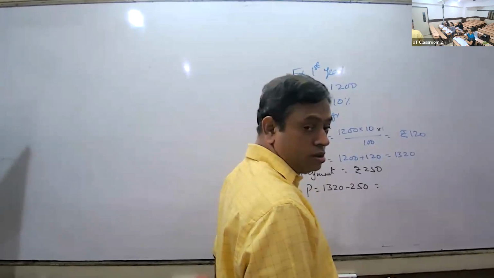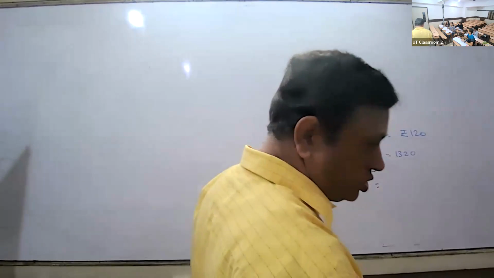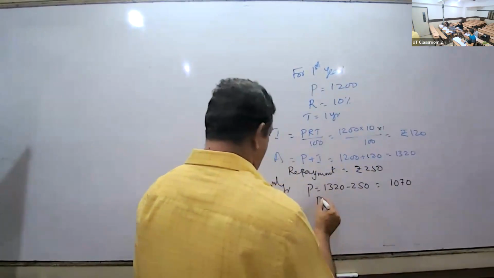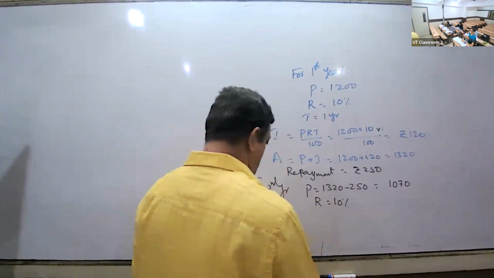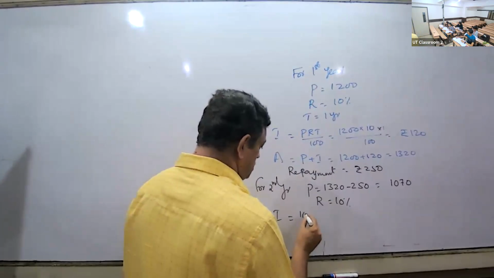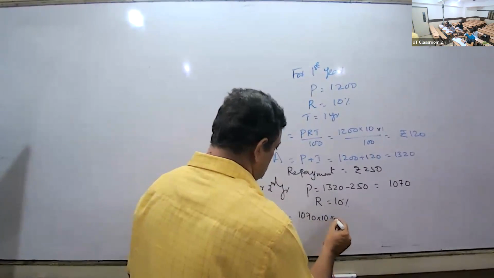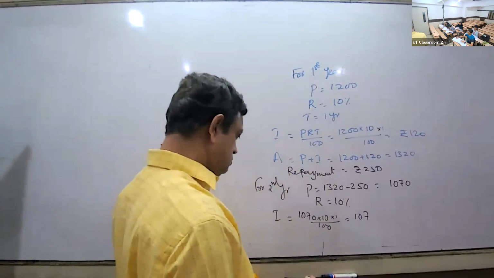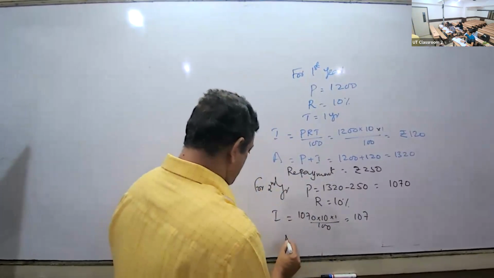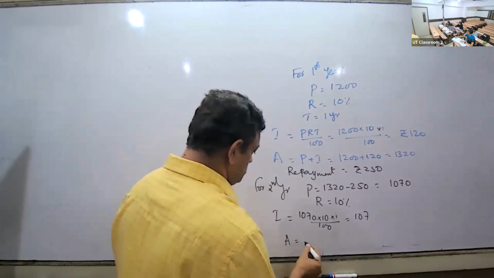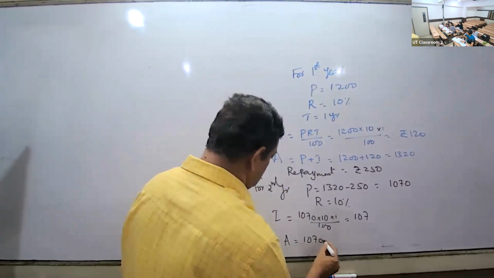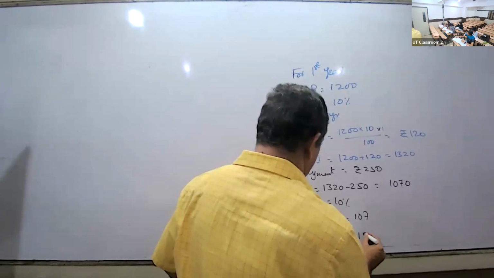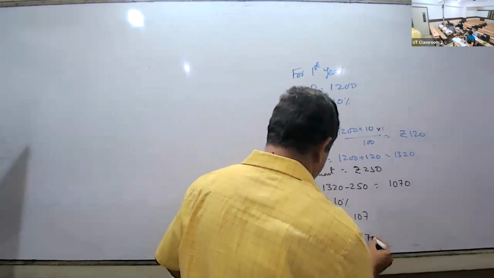R is 10%. I is equal to PRT, 1,070 into 10 into 1 by 100, which is 107. Amount is equal to P plus I, 1070 plus 107. How much? 1,177.